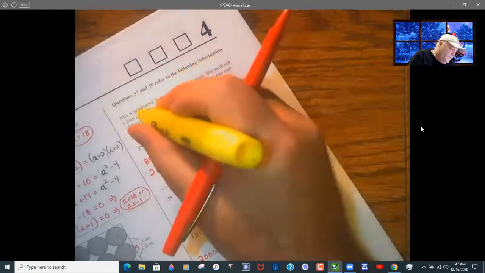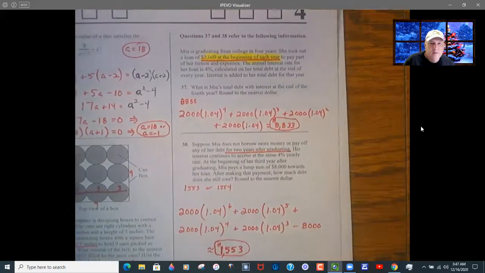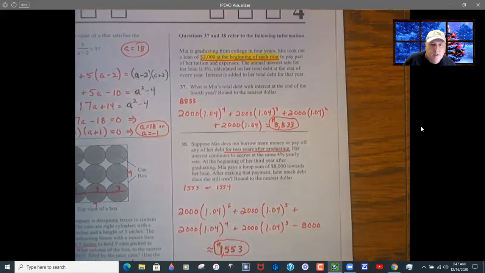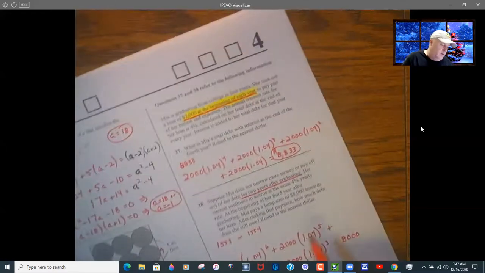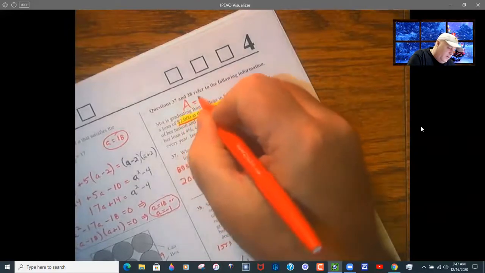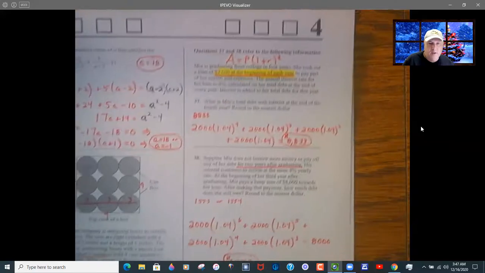So she's taking $2,000 out every year. What is Mia's total debt with interest at the end of the 4th year? First of all, we're using A equals P times 1 plus R to the T power.